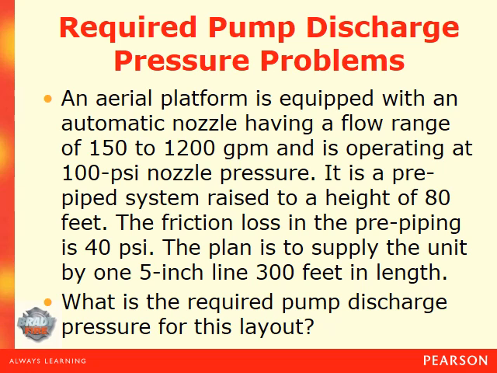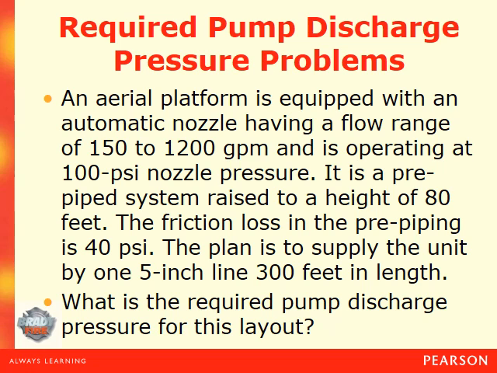So here's our math problem. You have an aerial platform that is equipped with an automatic nozzle having a flow range of 150 to 1200 gallons per minute and is operating at 100 psi nozzle pressure. It is a pre-piped system raised to a height of 80 feet.